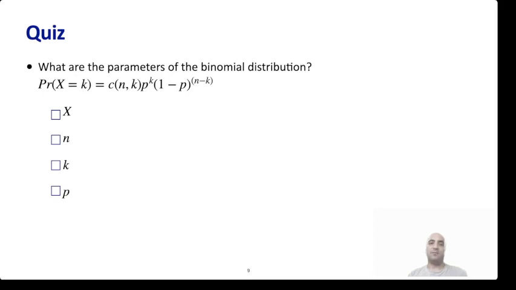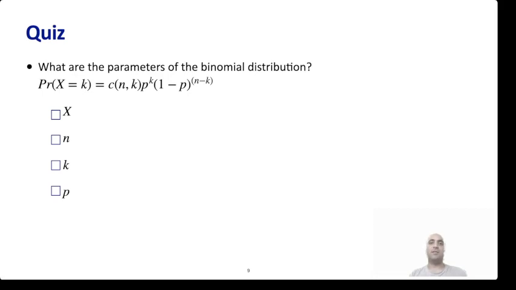So we are running the experiment n times, and we want the probability of succeeding k times, where the probability of success in one experiment is p.